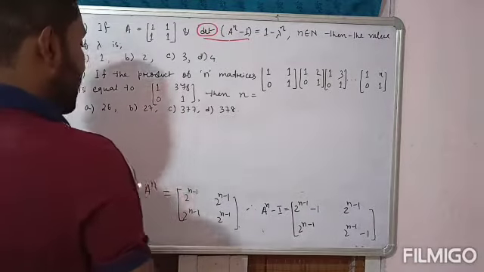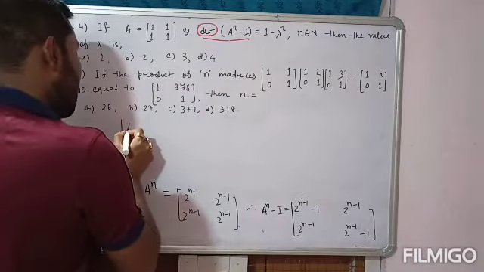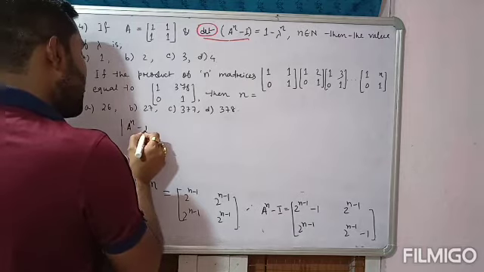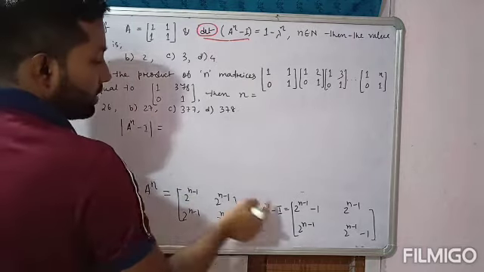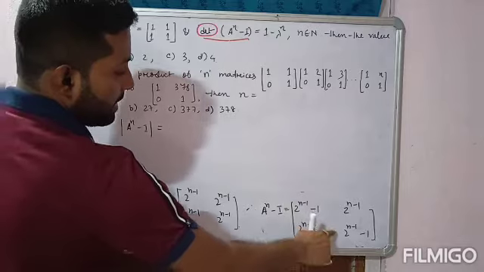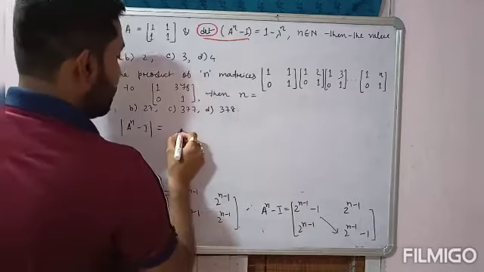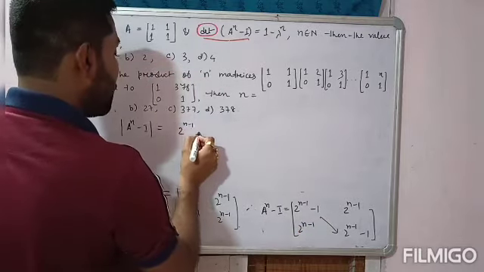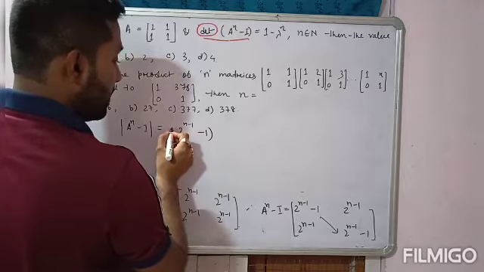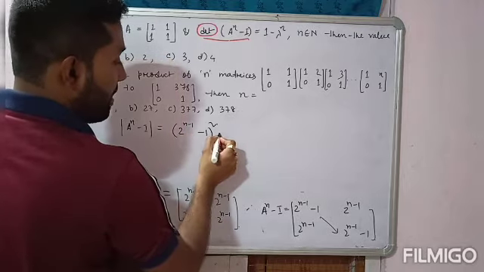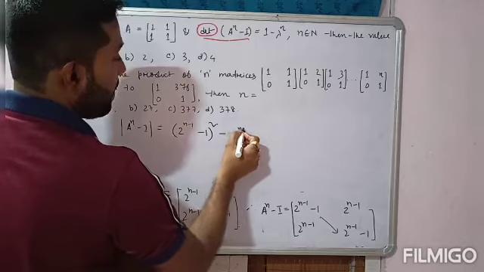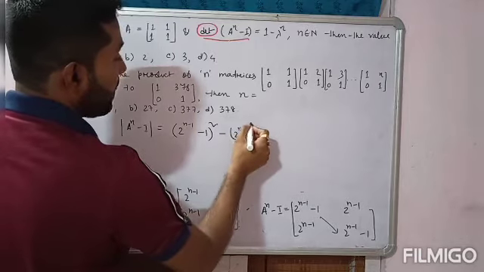Now I will find out the value of determinant of a to the power n minus I. So, determinant of a to the power n minus I, which is equal to, just you have to cross multiply it. So, this into this, 2 to the power n minus 1 minus 1 whole square minus 2 to the power n minus 1 whole square. Yes.